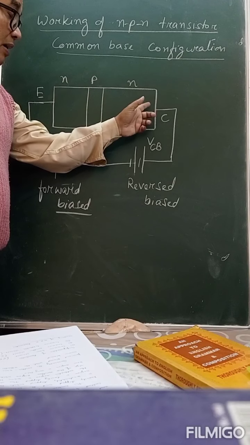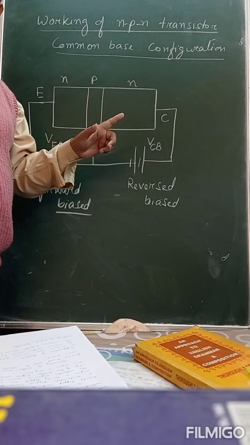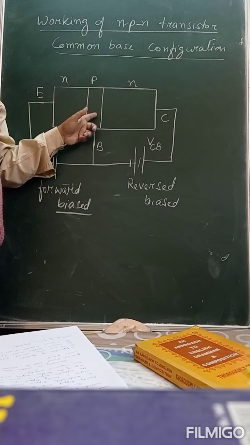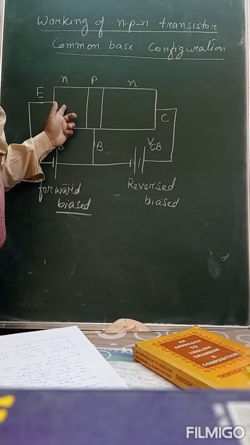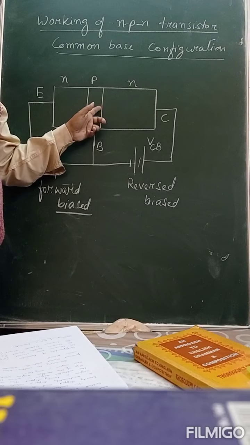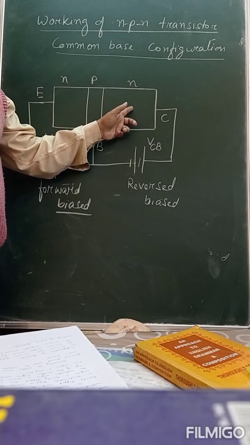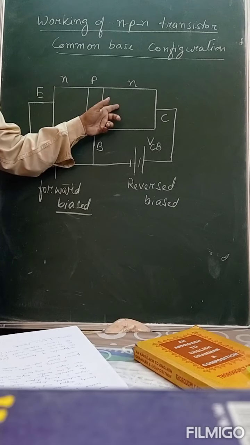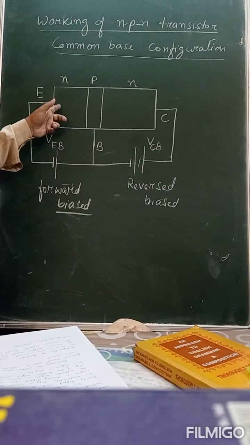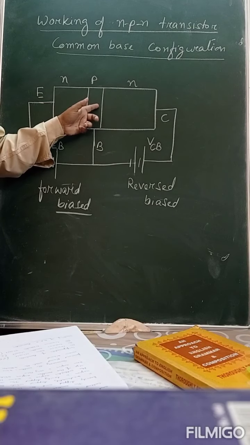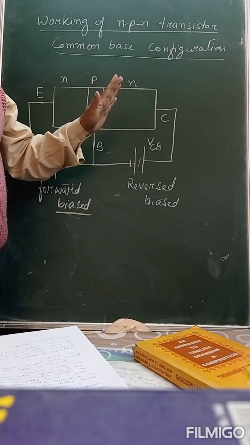The collector base junction should be reverse biased, then only it will collect the majority charge carriers that reach the base from emitter. If it is reverse biased, then the electrons which move from the n-type emitter to the p-type base will reach the collector.